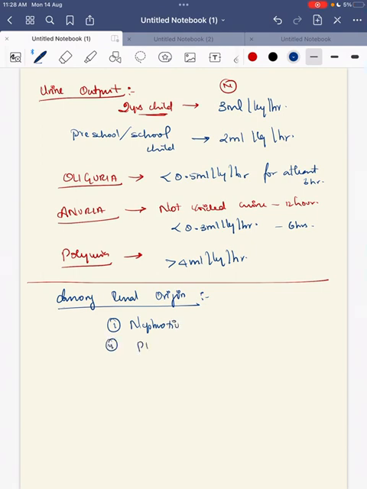One is nephrotic syndrome, another is post-infectious glomerulonephritis. Next can be AKI; simple AKI can present with swelling. When the child has a severe urinary tract infection and goes into AKI, the child can present with fluid overload. And sometimes the child with chronic kidney disease will also present with swelling.